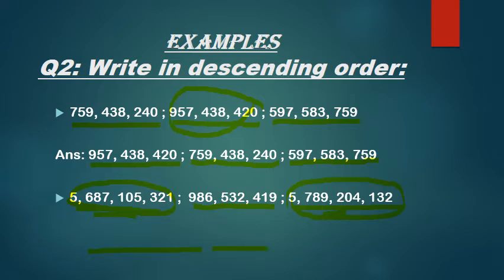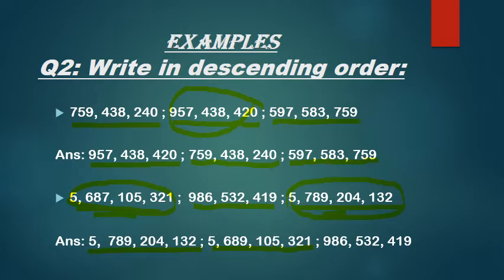How should we arrange it? And write it like this. So first we write 5,789,204,132. Then we write 5,689,105,322. And lastly we write 986,532,419. So, my dear students, we arrange these numbers in descending order.